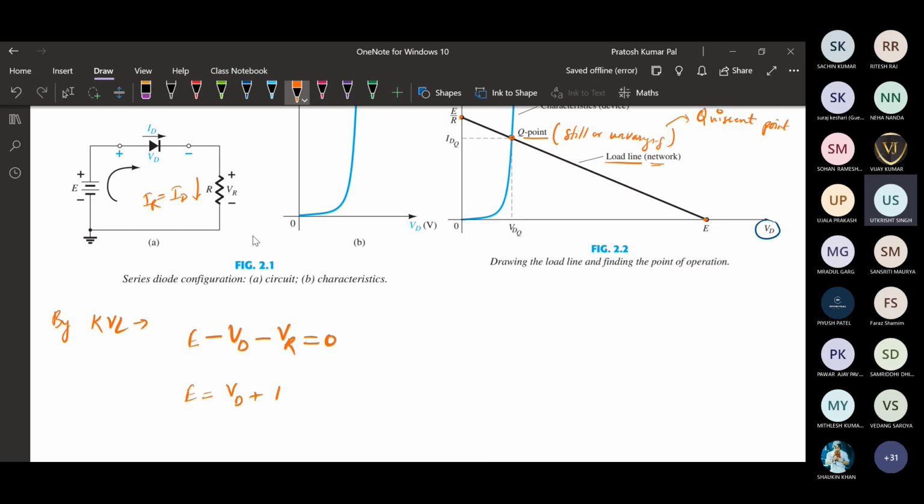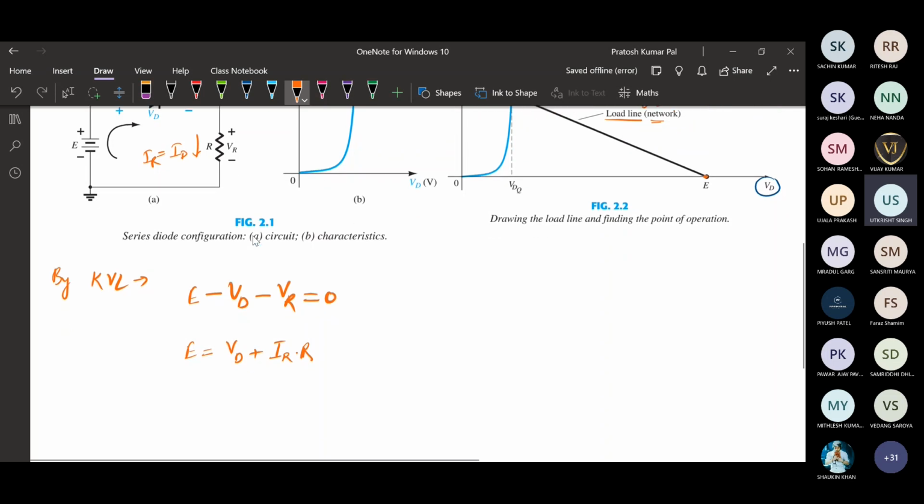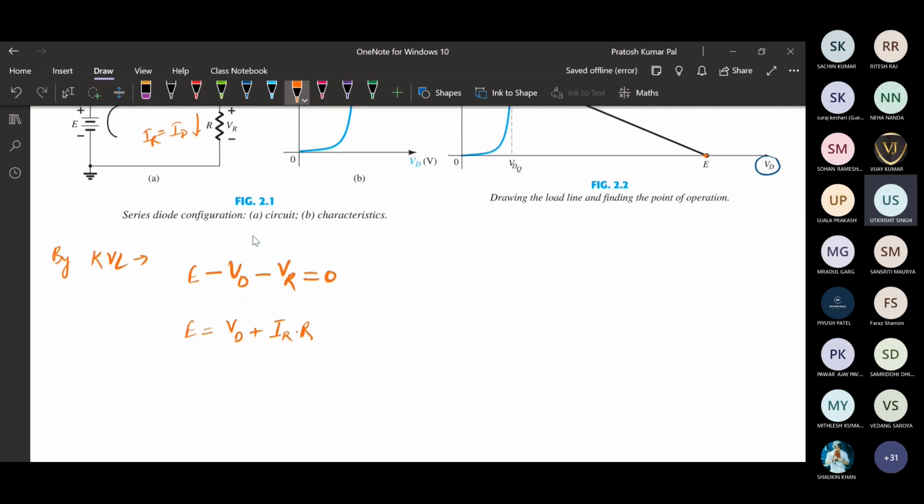So this will be ID, or it will be equal to IR. So this VR we can represent as IR into R. This is the KVL equation for the network.